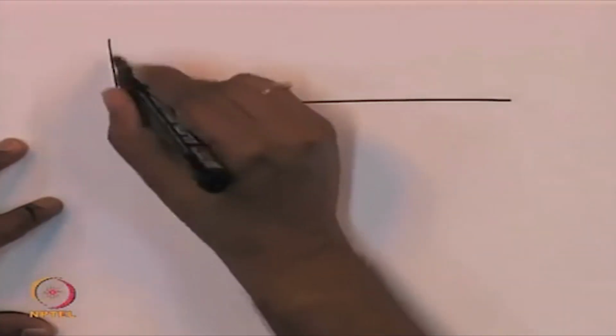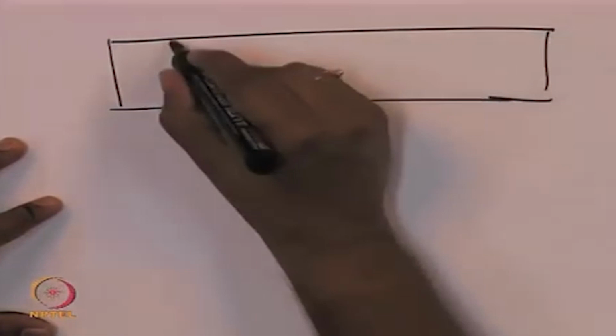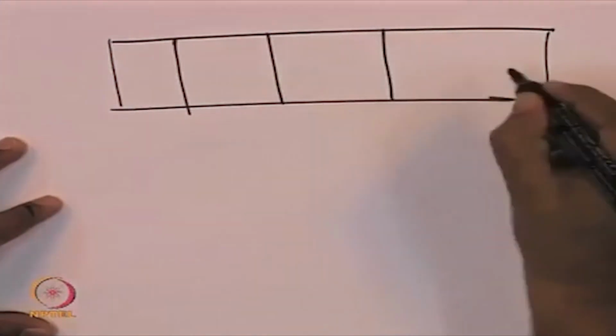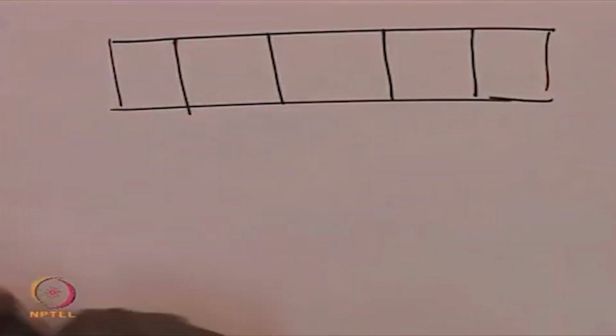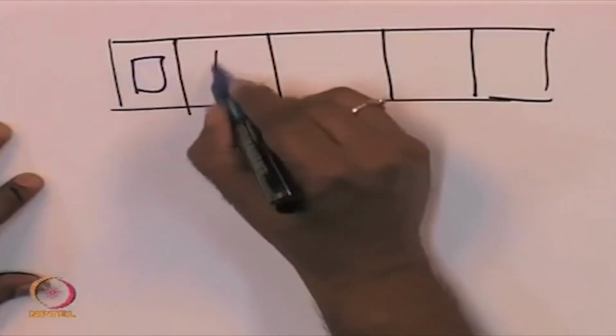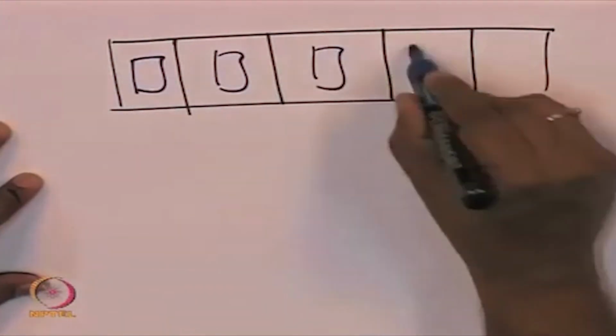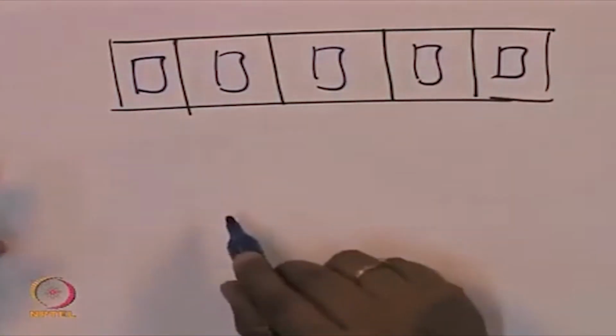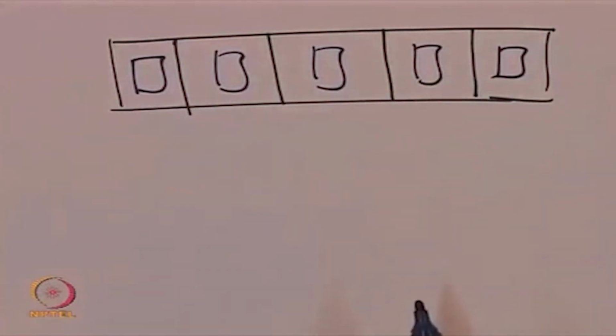You might have seen parking lots where cars are being parked. What is the one feature that you have seen in parking lots? Many of the parking lots will have lines drawn like this for cars to park. The first car will park here, next car here, next car here. So, the cars are very well organized.